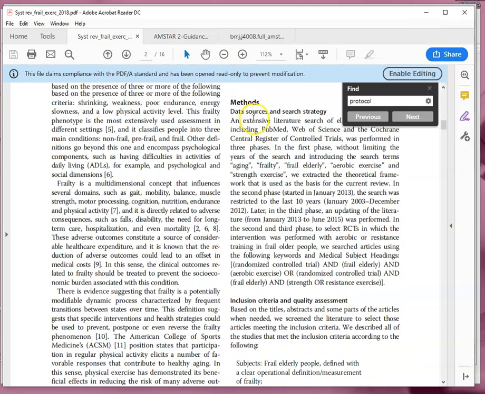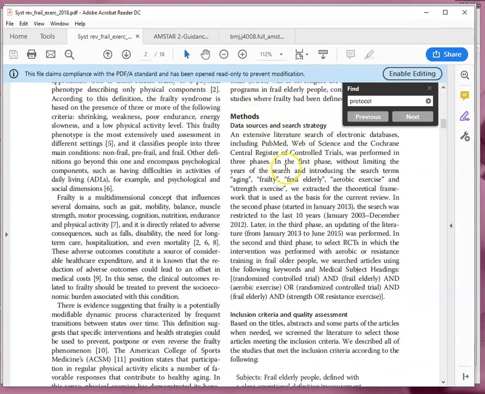Let's go to this one then. The methods. Okay, extensive. At least two databases. Yeah, we have 4 databases. Okay, and here the search strategy, what we have, and it started in 2013. Okay, now wait a minute. That is the search start.